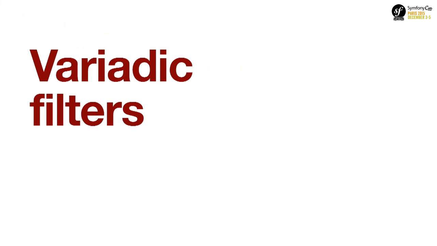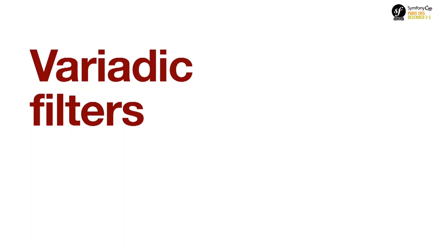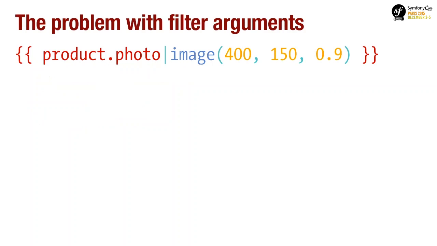The next one, variadic filters. This variadic thing is getting more and more famous now that PHP 7 is released, and we're going to learn more and more about it. Look at this Twig filter with 3 arguments. Nothing strange here. The problem is, what if you need to add more and more arguments to this filter?